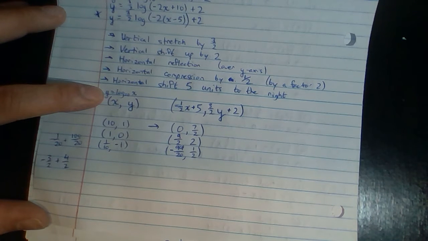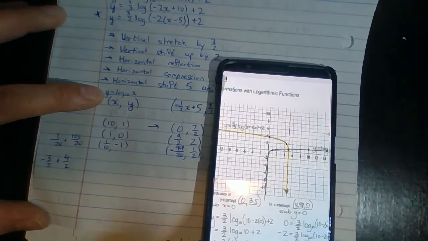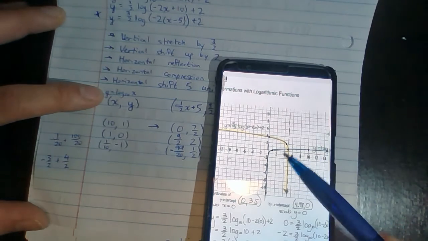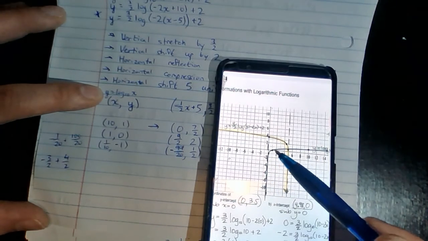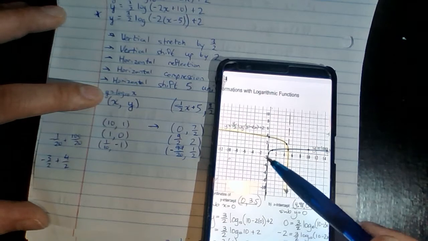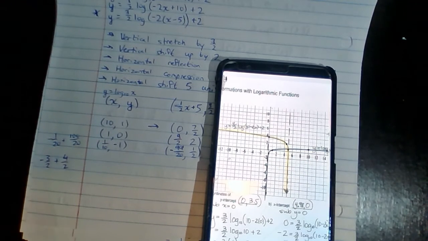If we compare our graphs, so if we plot these 3 points on our original function, we get that logarithmic shape that we're getting more and more familiar with.